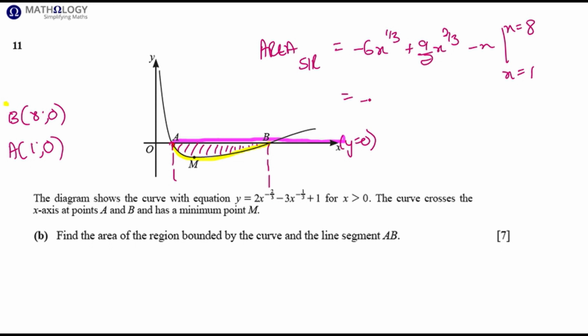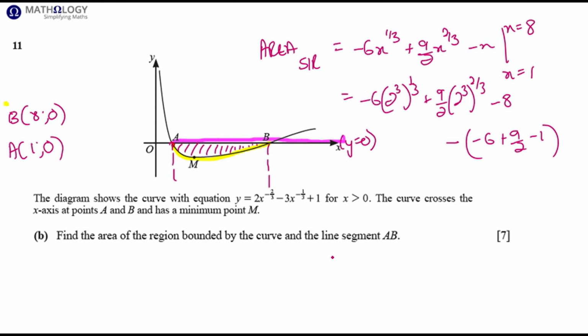So that equals minus 6 times 8 to the third, so that's 2 cubed to the third, plus 9 over 2 times 2 cubed to the 2/3, minus 8, minus, when x equals 1, minus 6 times 1, that'll be minus 6 plus 9 over 2 minus 1.